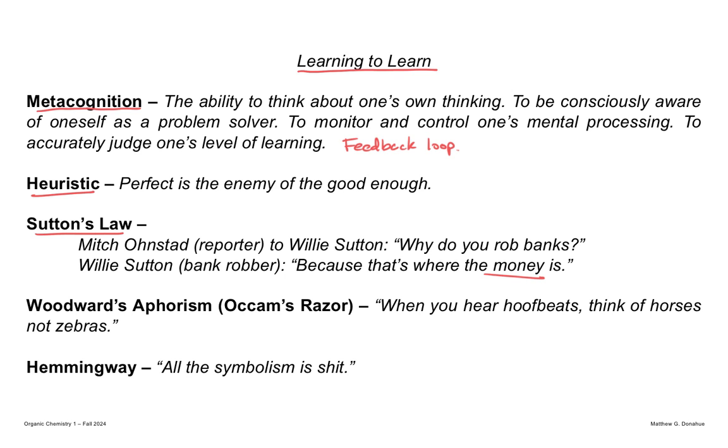But Sutton was probably getting at something deeper, like, what is the purpose? Why do you need this money? Occam's razor in the medical field, otherwise known as Woodward's aphorism. So might be a new word for you. When you hear hoofbeats, think horses, not zebras. So what do you know?